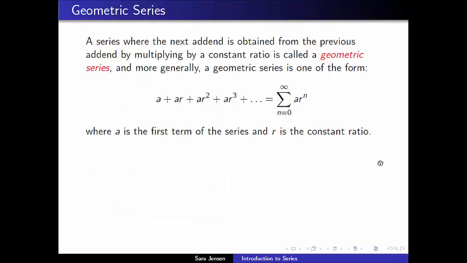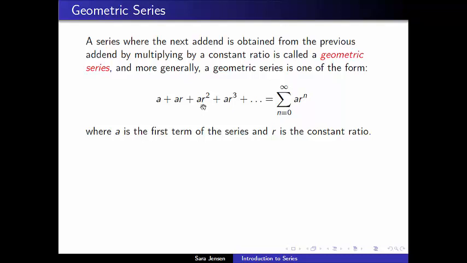More formally, a geometric series is one where the formula for moving from one addend to the next is found by multiplying by a constant ratio. And we typically use the letter r to denote that ratio. Here, a is standing for our first addend, and notice that our second term is r times that value.